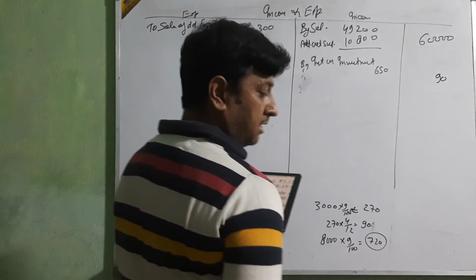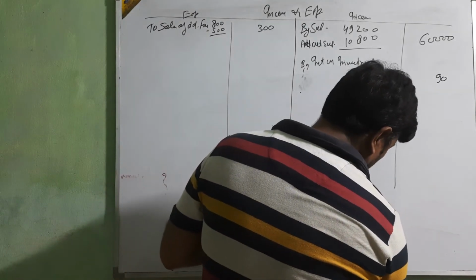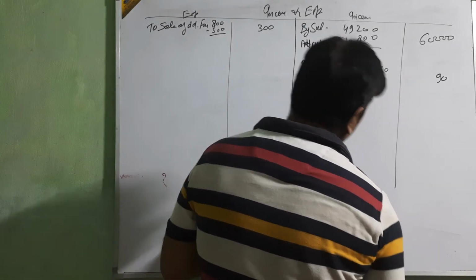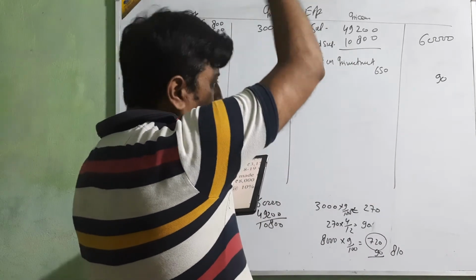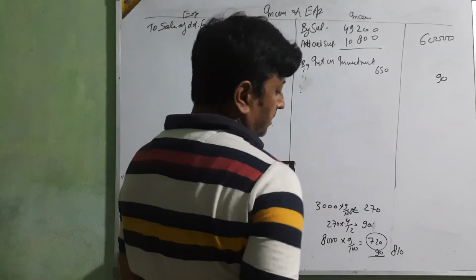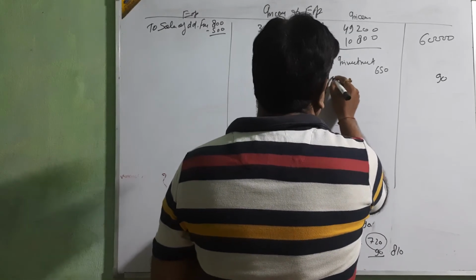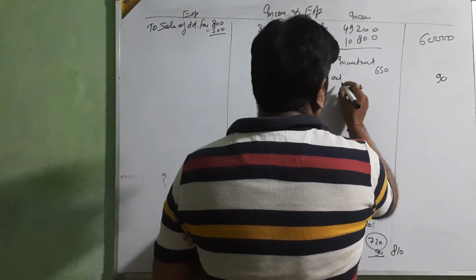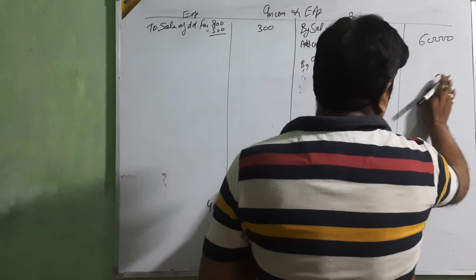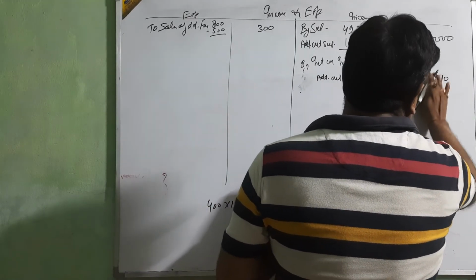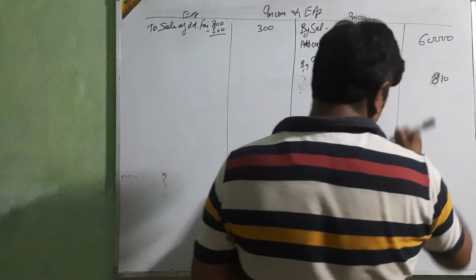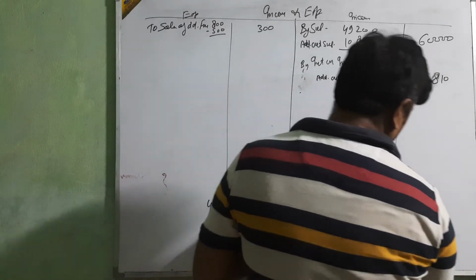This amount 720 and this amount 90 rupees. It means 810. But what amount do we have? We have only 650. Then add outstanding 810.